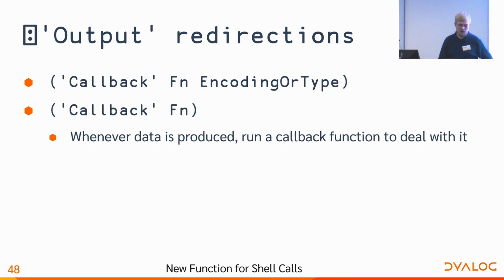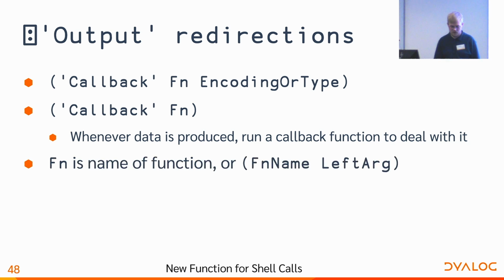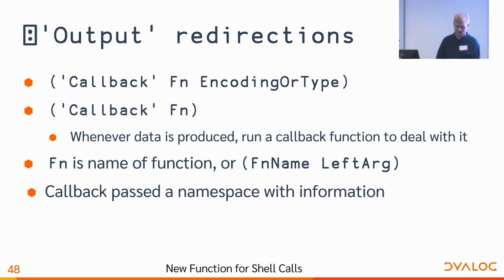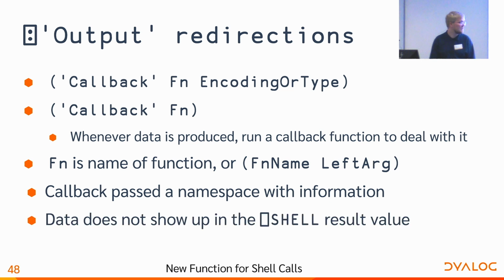Or if you don't specify that, it will handle it as lines of text and guess the encoding as well. And so fn is a name of a function, or a name of a function and some left argument. And then the right argument to the callback will be a namespace with some information, such as the data. And then because it's handled by callback, it won't show up in the result value.